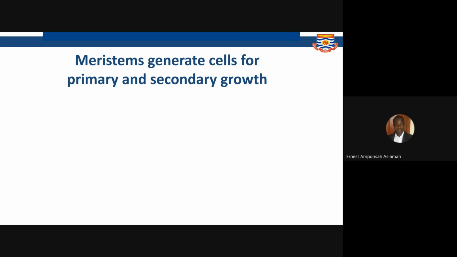Another group of cells is the meristems. Meristems are interesting cells in the plant, and what they do is generate cells for primary and secondary growth. Plants grow throughout their life, and this is what we call indeterminate growth, unlike we humans, where growth has a ceiling.